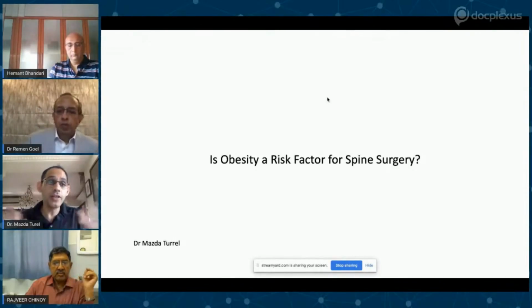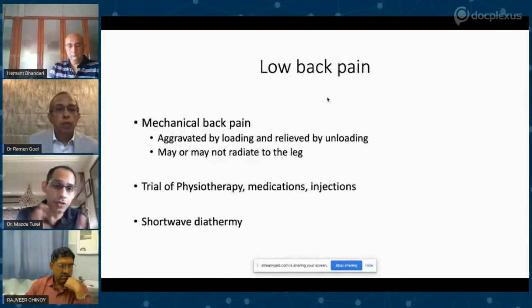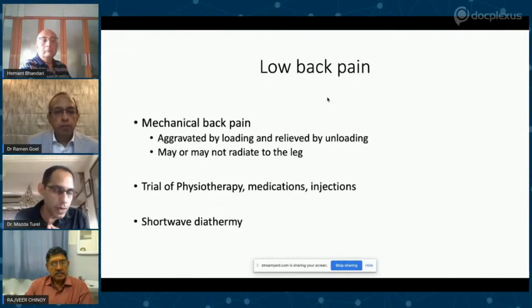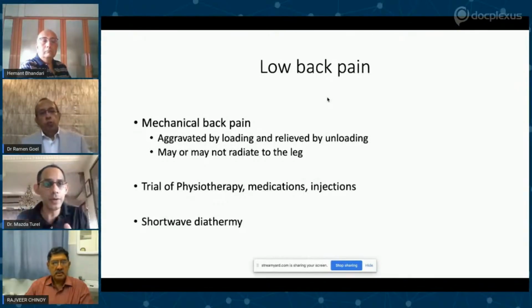But overall, to be honest, minimally invasive surgery is much better for the surgeon, because he's using specific instruments in a very precise fashion, and the 1 to 1.5 hours that was required to expose the spine for 3-4 levels is now completely negated by the technology available to us. So from a surgeon's point of view, obese patients, if you're performing minimally invasive surgery, it's great. If you're performing open surgery, it's a nightmare.